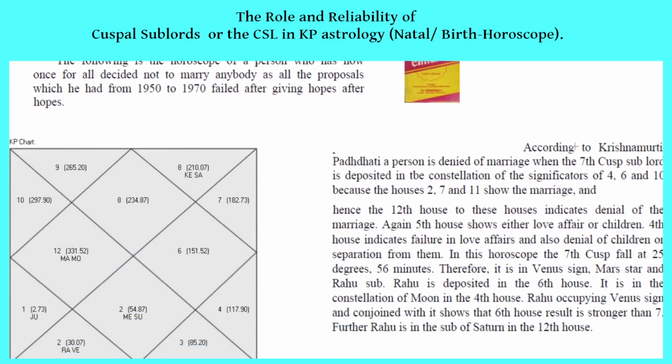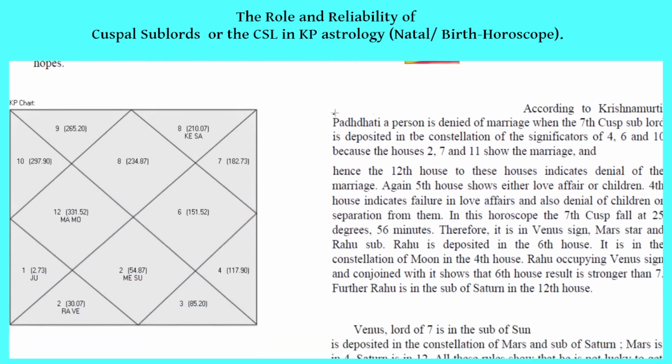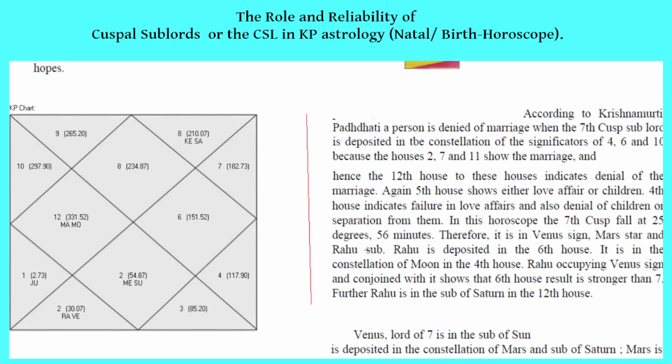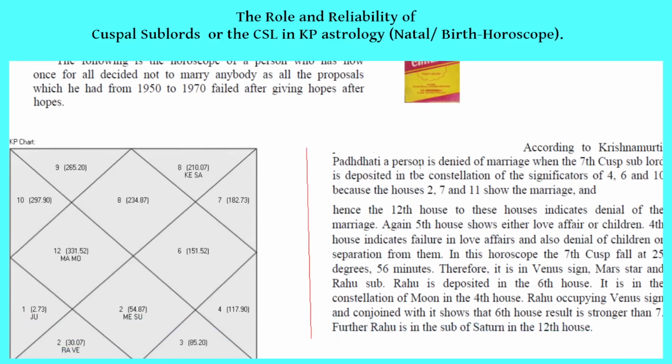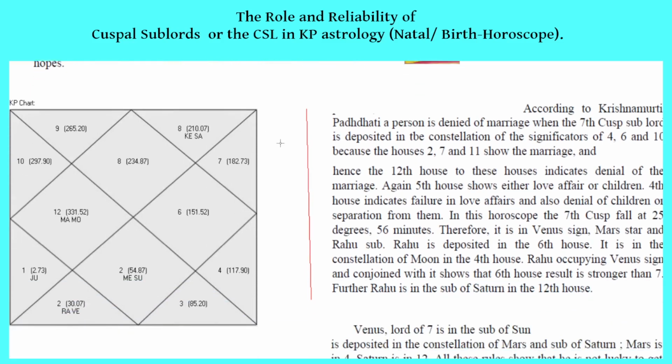Now, I have put these notes on the right-hand side. These are all from that book, and from that particular article, "Marriage denial, grapes are sour." Now what Krishnamurti says over here is: when the seventh cusp sublord is deposited in the constellation of the significator of 4, 6, and 10.